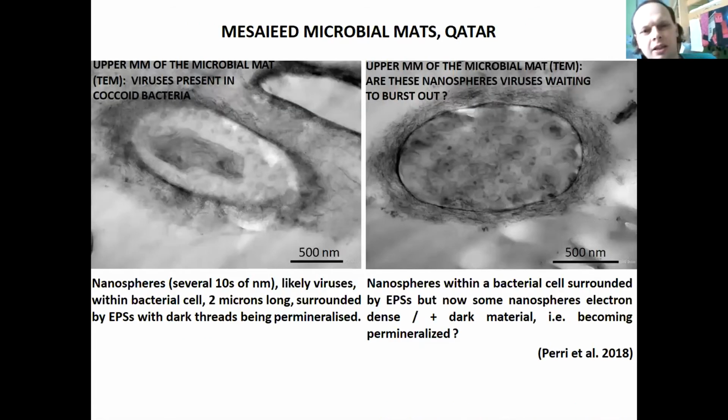Again, our study from the Qatar microbial mats, it's a mesohaline system, so a highly saline system, shows also a plethora of different virus-like particles, but also viruses themselves. And here I'd like to show you two images.